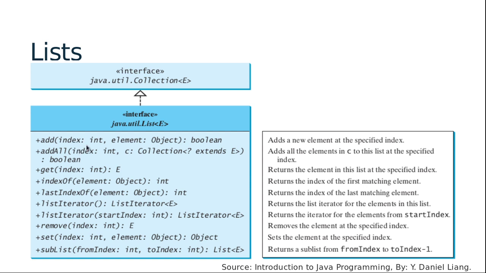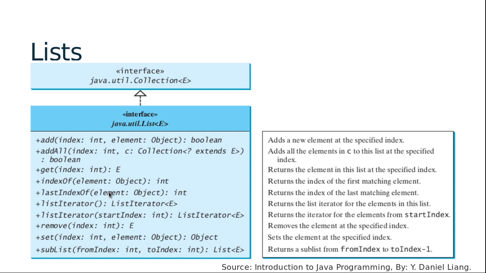Then as you have the index, you can access a particular element at the given index, so the get method. You can also check the index of the given object or element, what is the last index of the given element, and so on.